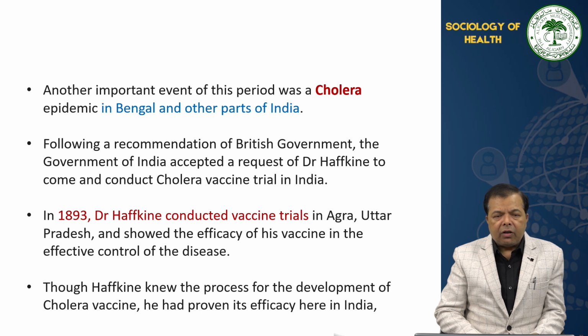In 1893, Dr. Haffkine conducted vaccine trials in Agra, Uttar Pradesh, and showed the efficacy of this vaccine in the effective control of the disease. So, when a vaccine is developed, a trial needs to be ensured so that the efficacy could be known.